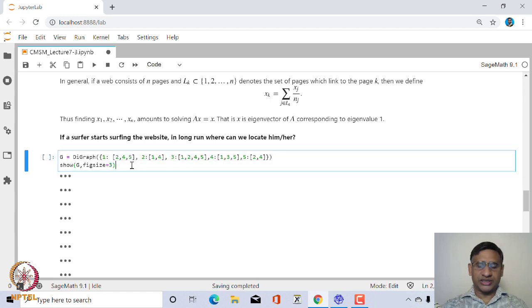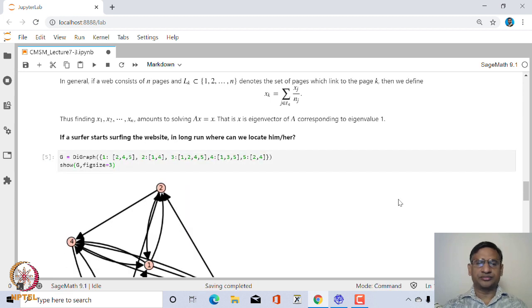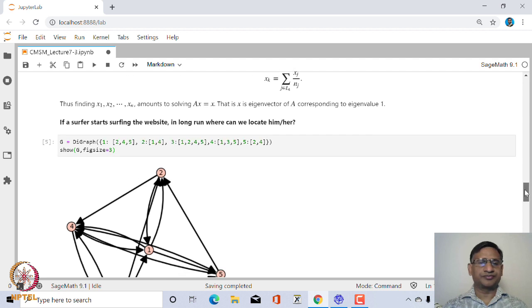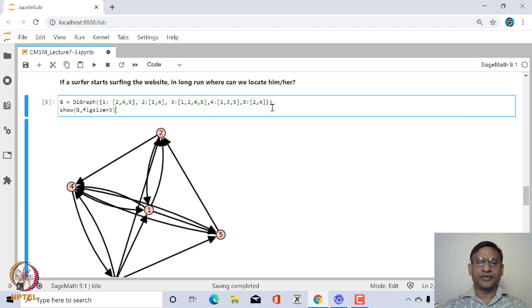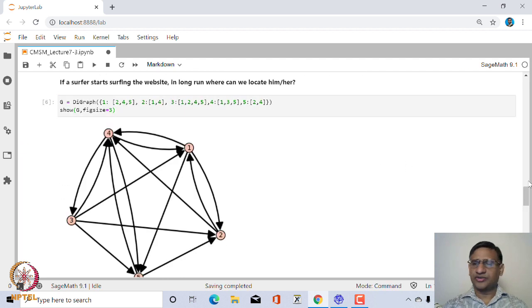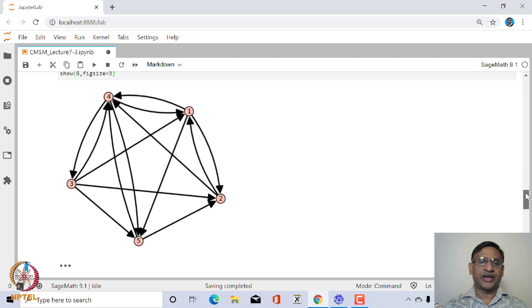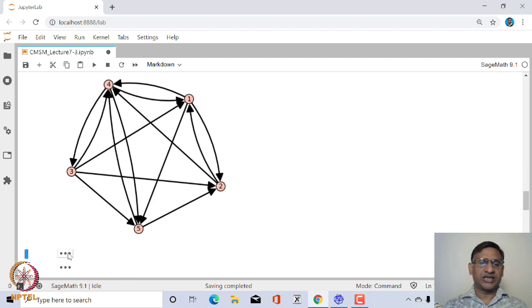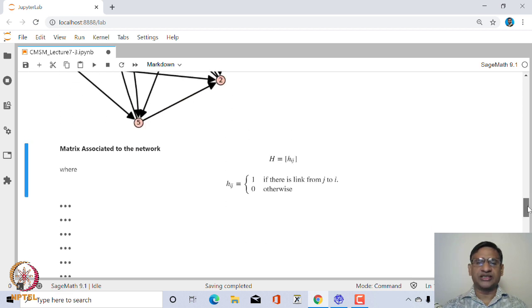Again let us look at the same network of 5 nodes. To this network we will associate a matrix called the transition matrix, which I am calling H. Hij is 1 if there is a link from j to i and 0 otherwise.